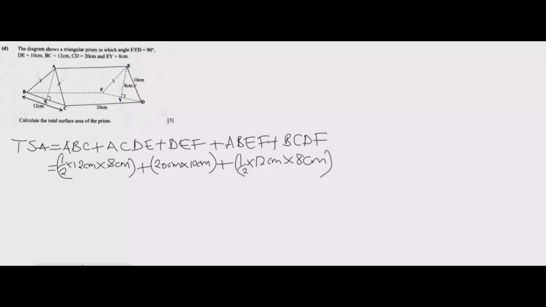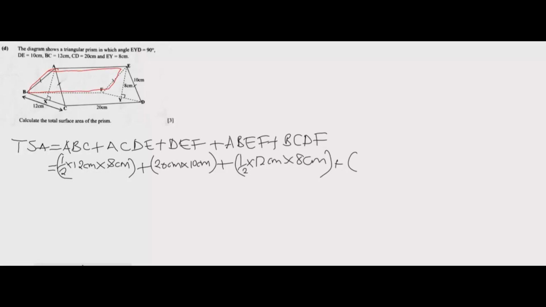Now once we have done that, we come to the surface area ABEF. So we say plus. The surface area ABEF is this area here.